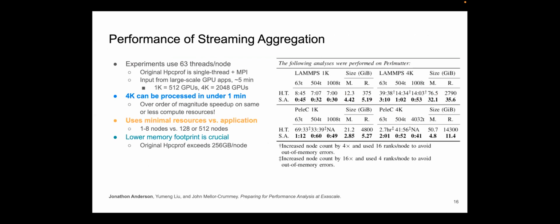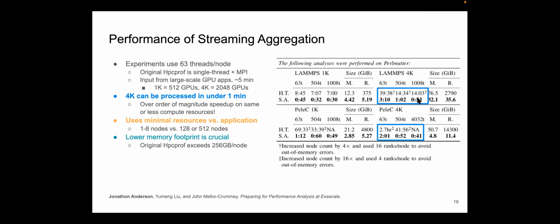And so to show you what the benefits of this are, one thing that we've done is some experiments at larger scale. And so we did some experiments on Perlmutter where we were running 2K MPI ranks with 2K GPUs, and we collected 32 gigabytes of performance data. And then we analyzed it on 16 nodes using 1,008 threads in 53 seconds.